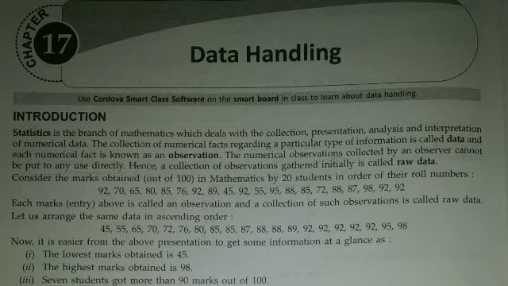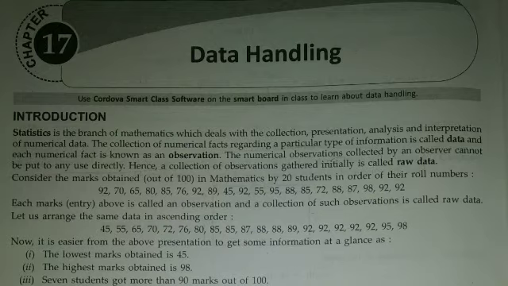Okay. So we will see one example here. Consider the marks obtained out of 100 in mathematics by 20 students in order of their roll numbers. According to their roll numbers, 20 students' marks are given to us. So you observe that 92, 70, 65 and so on marks are given in your video. So all these are the data.